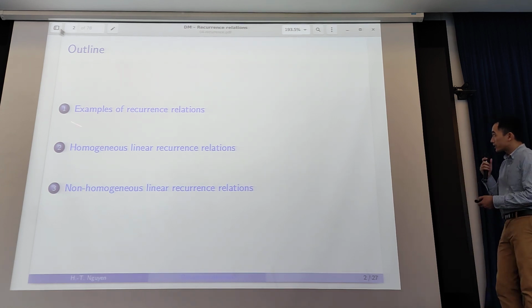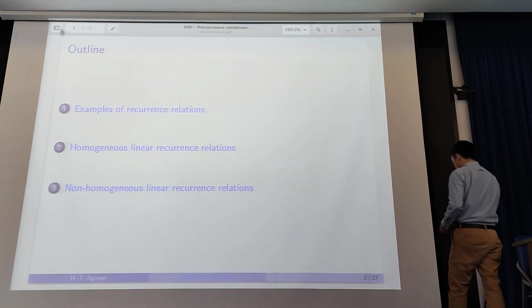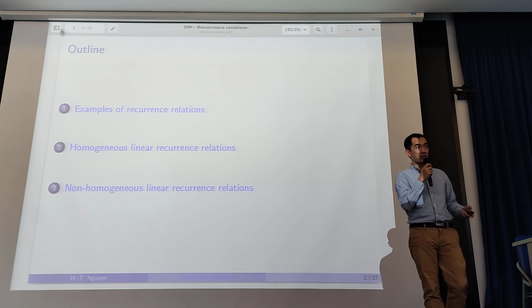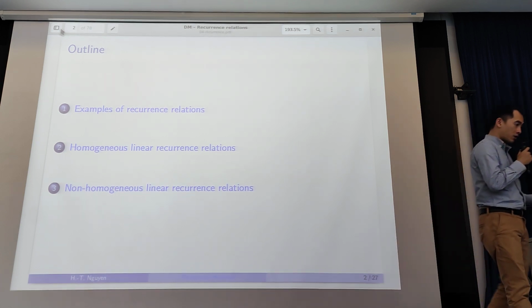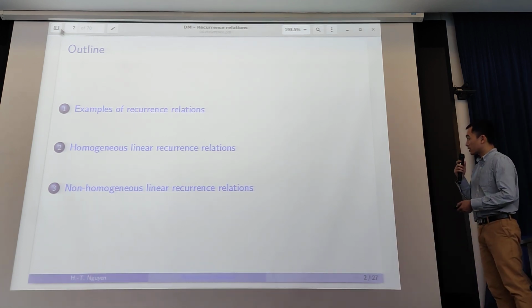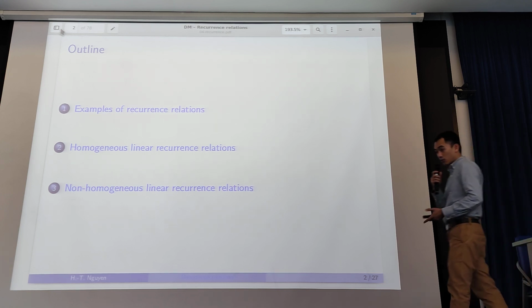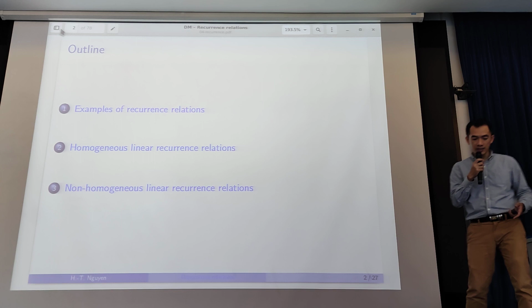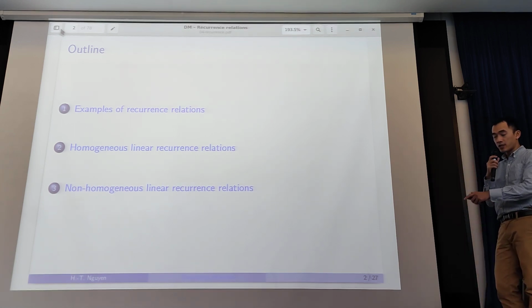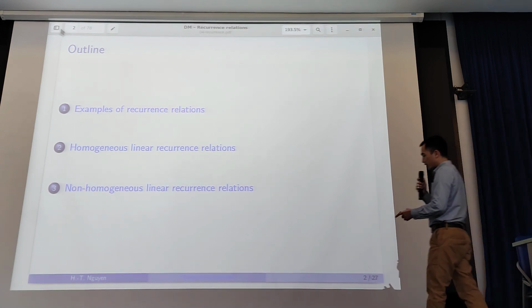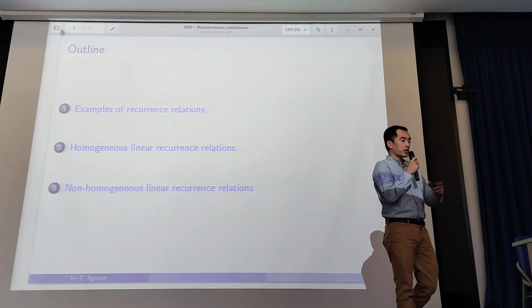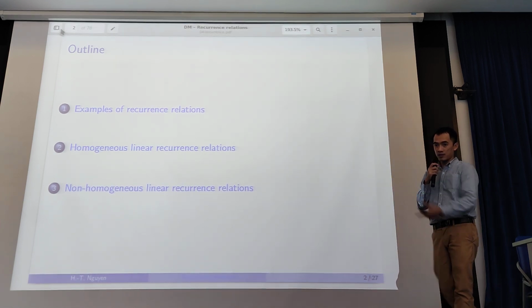A technique that we will look into in this lecture involves establishing a recurrence relation, which allows us to calculate the terms of a sequence gradually. If we know some first terms of a sequence, we can use the recurrence relation to calculate the next term, and then the next term, and so on.